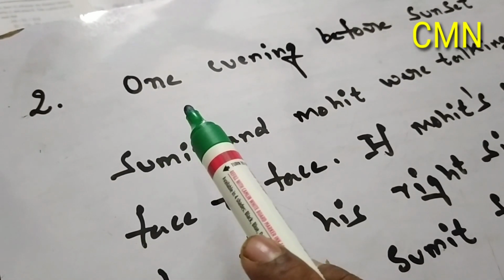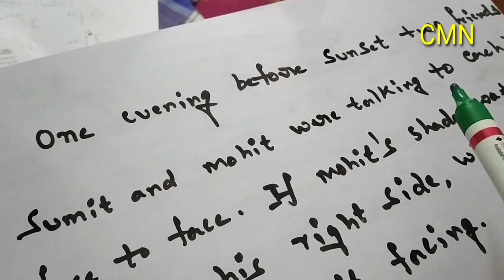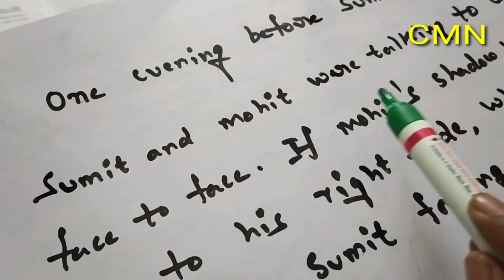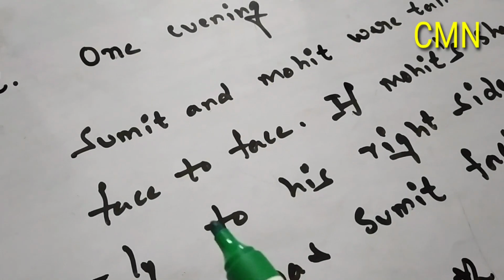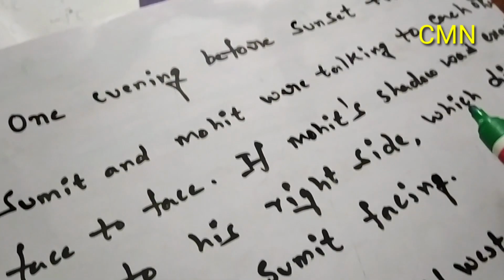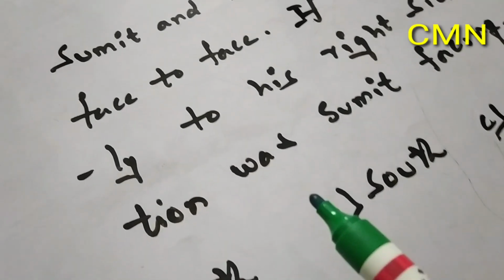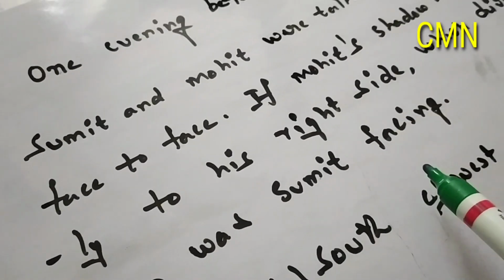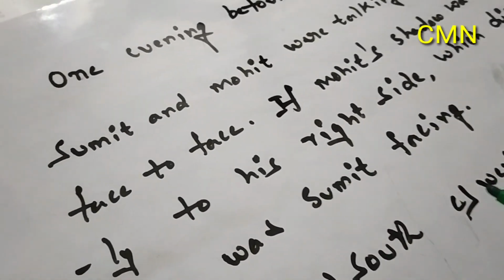Second question. One evening before sunset, two friends, Sumit and Mohit, were talking to each other face to face. If Mohit's shadow was exactly to his right side, which direction was Sumit facing?